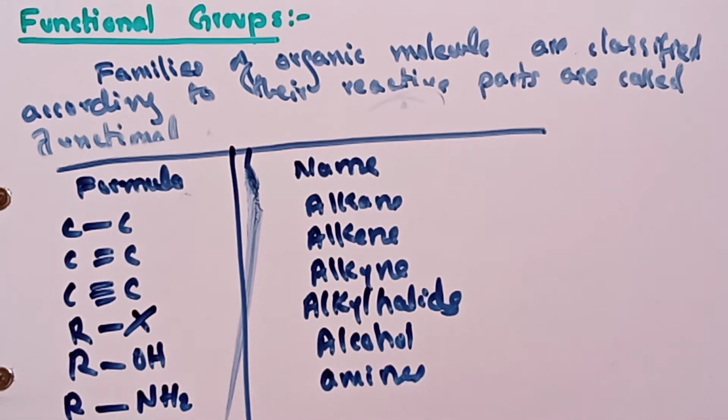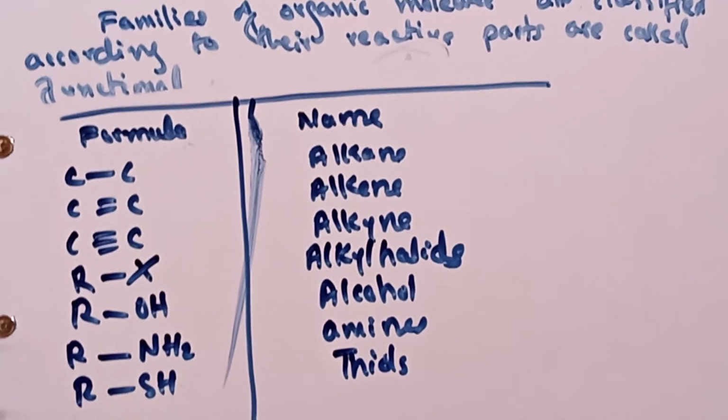When there is an RSH group attached, an SH group, it will be called thiols, and so on.